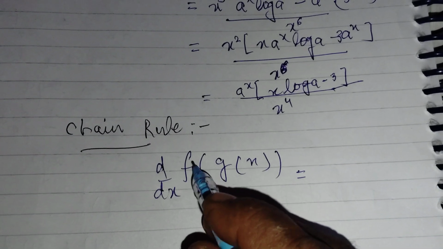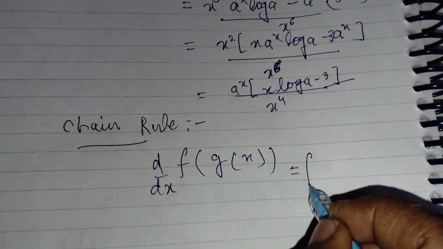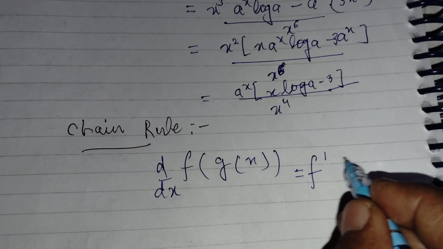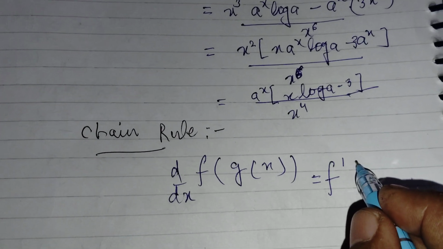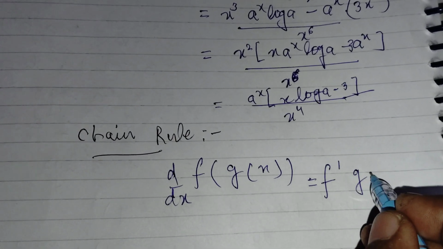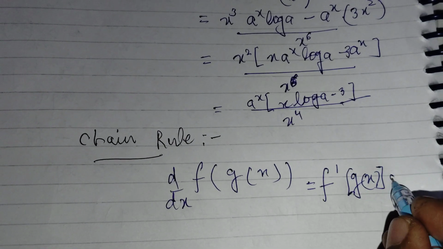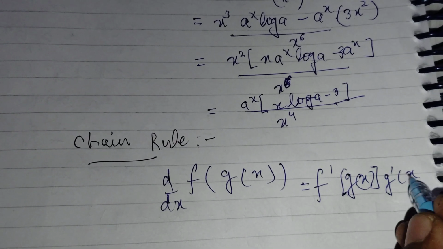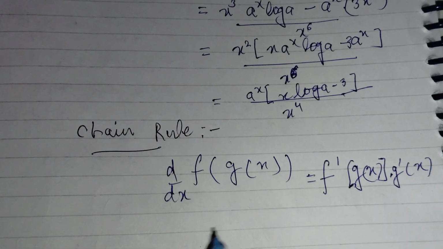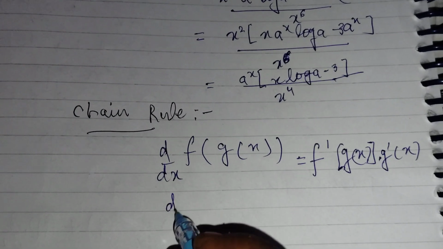First we differentiate f, that is f dash of g of x, and second we differentiate g of x. Then we multiply.